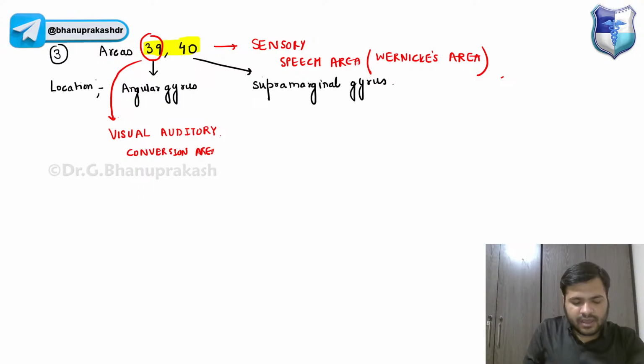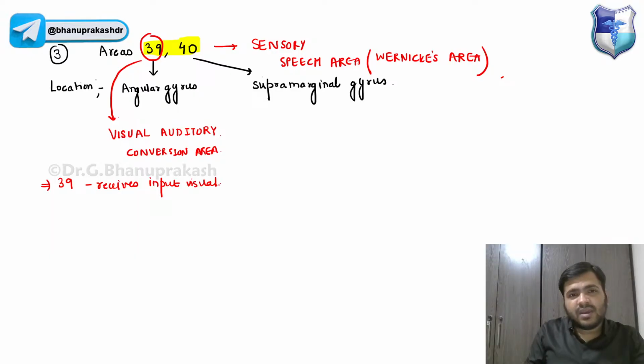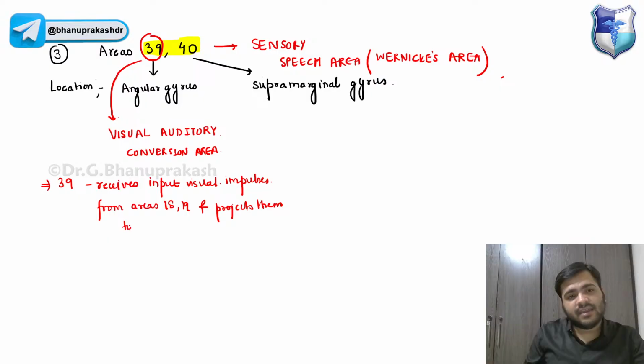What does this 39 do? It receives input visual impulses from areas 18 and 19, and projects them to Wernicke's area.